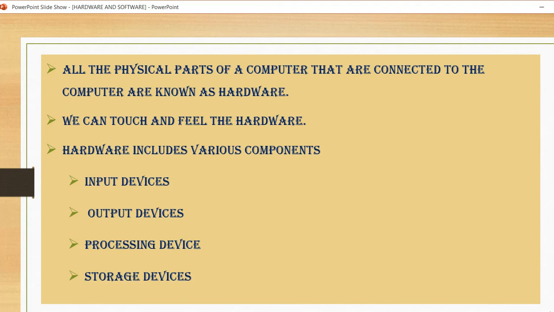Some devices are used for doing the processing work in the computer. So those devices are called processing devices, and some devices are used in the computer for storing the data. So those devices are called storage devices.